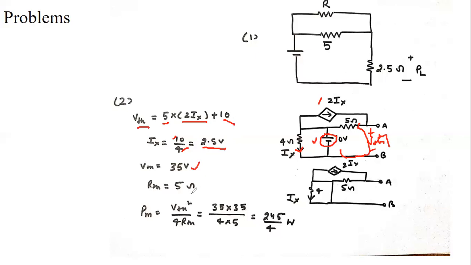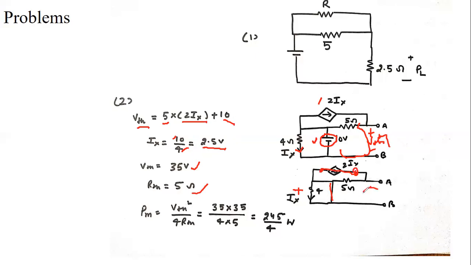Okay, and for the calculation of RTH, just short the voltage source. This is a short circuit. Assume the current 1 ampere. So when you short this, Ix becomes 0. When the current Ix becomes 0, the current dependent current source becomes again an open circuit.